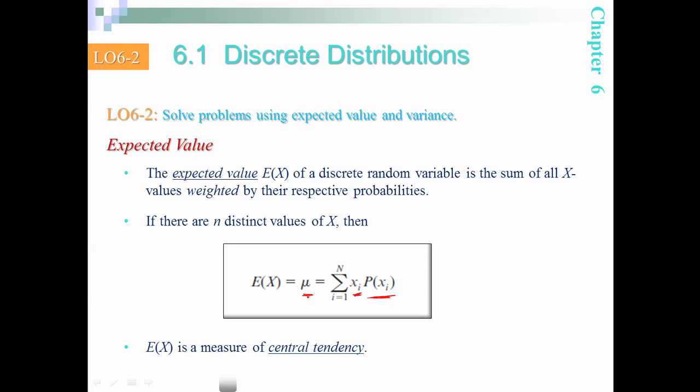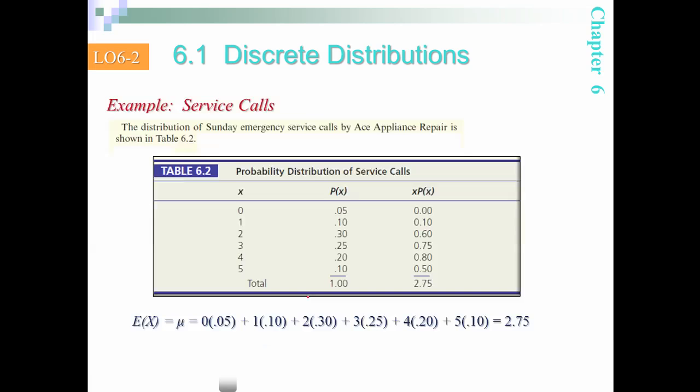And this is a measure of central tendency. So this tells us where the middle of the data is, at least in some sense. Here's an example using service calls. The distribution of Sunday emergency service calls by Ace Appliance Repair is shown here.